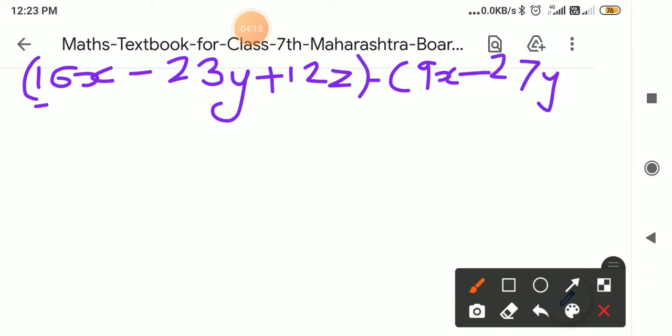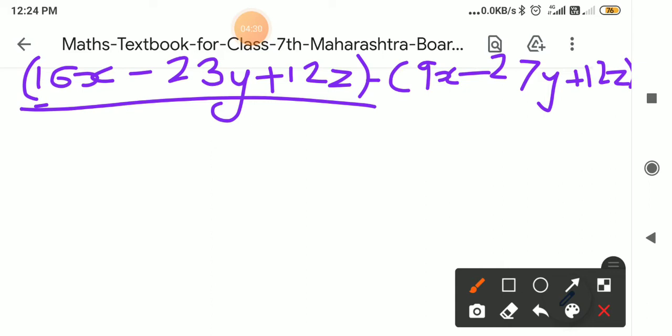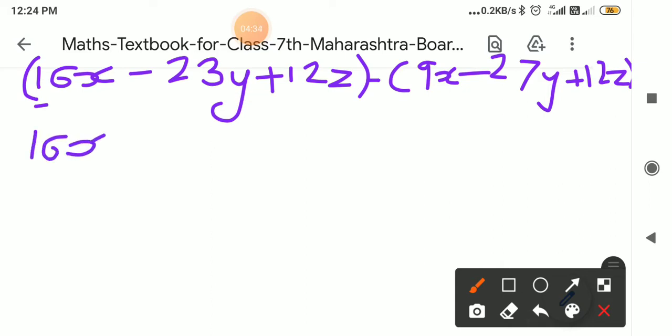Whenever we are doing the subtraction of any polynomial, it is compulsory to put the bracket for that given polynomial. Now first of all we have to remove the bracket. For that, the terms before the negative sign we write as it is: 16x minus 23y plus 12z.